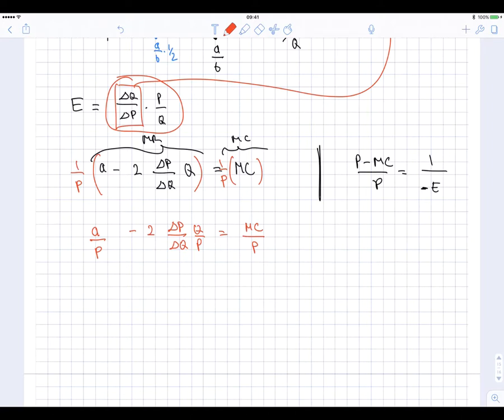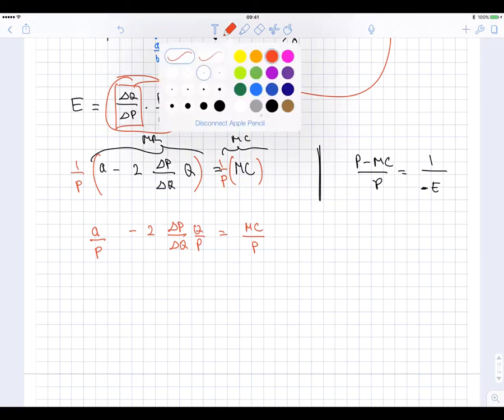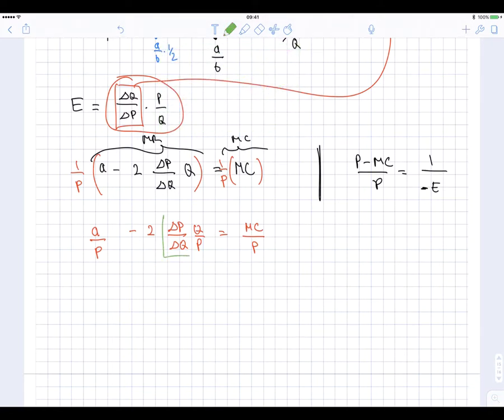Well, a little bit. Why a little bit? Because this bit here is what? 1 over the elasticity. This bit here is 1 over the elasticity. Agree? That's the formula of the elasticity, right?